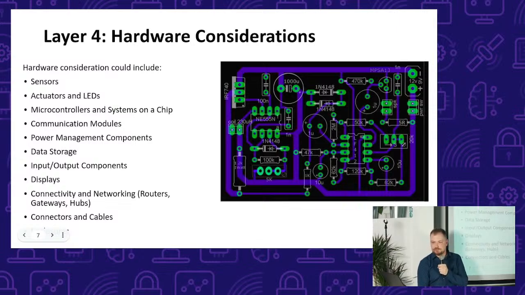Okay, when we have a good list of requirements, we know all our probable features, we also think about our hardware level. During this part of work, usually mechanical designers and different engineers, PCB engineers, also take an active part in our work.